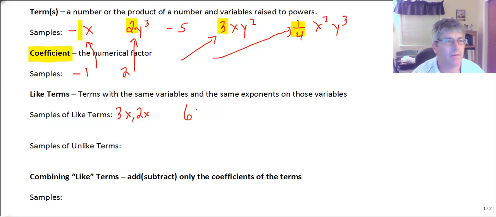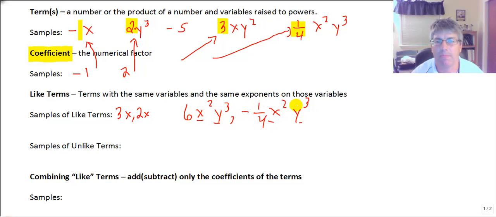Something like 6x squared y cubed and negative 1/4 x squared y cubed would also be like terms. We have the same variables x and y, and the same exponents: on x we have the second power, and on y we have cubed.